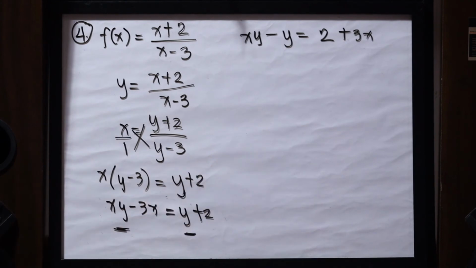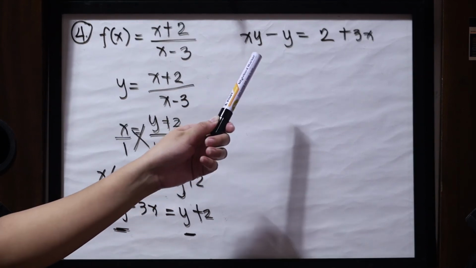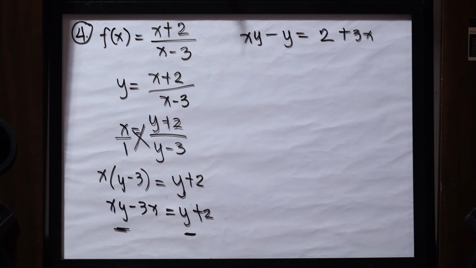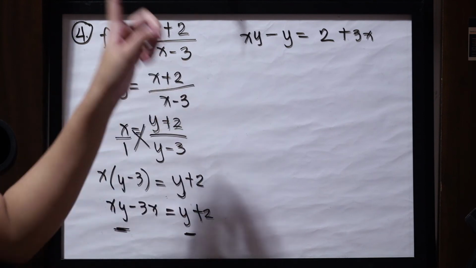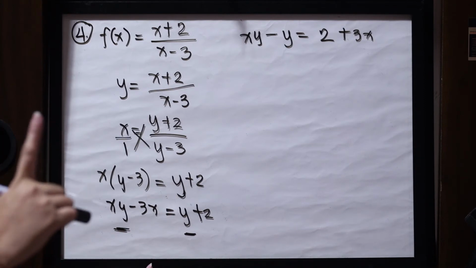Ngayon, ma'am, bakit tayo magfa-factor out ng y? We have to factor out y kasi dapat po, since we have to solve for the value of y in terms of x, kailangan isang y lang yung matitira sa equation or isang y lang yung makikita ko sa equation. Hindi pwedeng dalawa, hindi pwedeng tatlo, basta isang y variable lang.